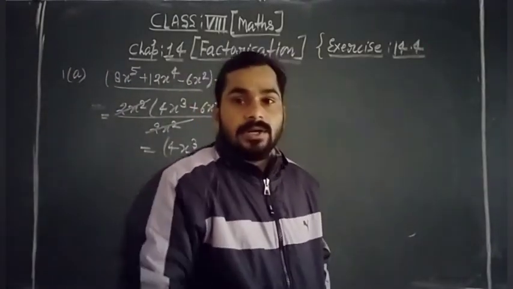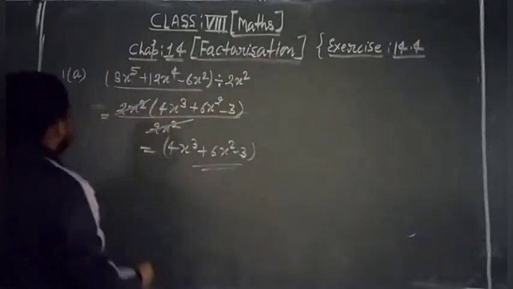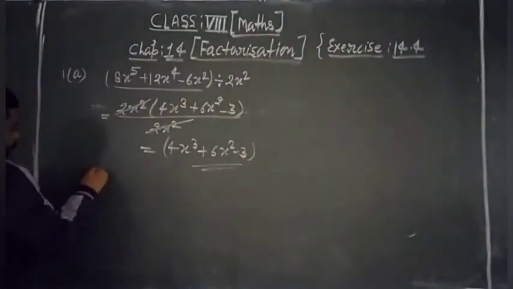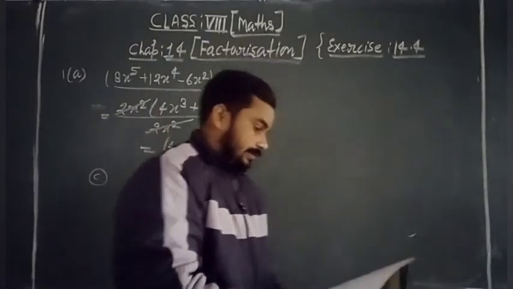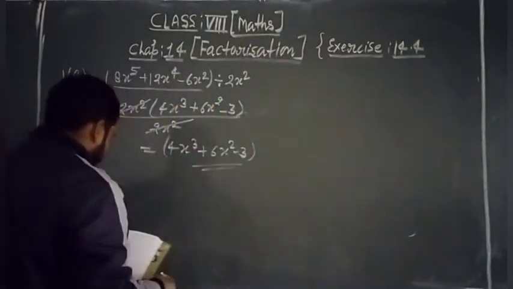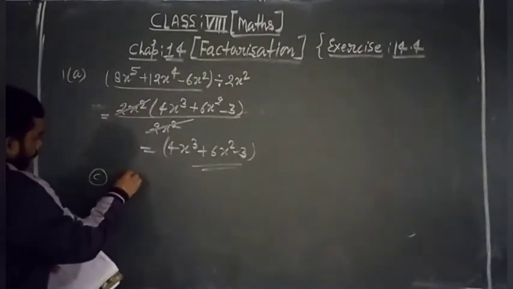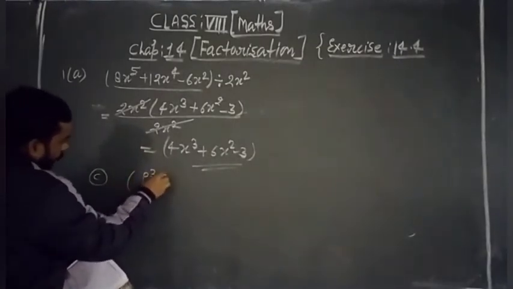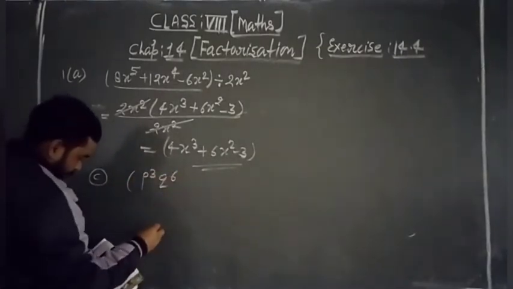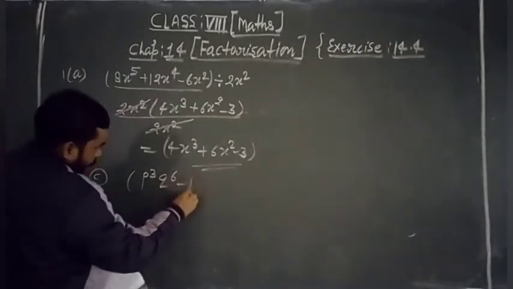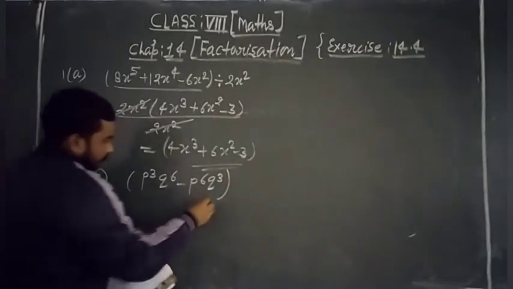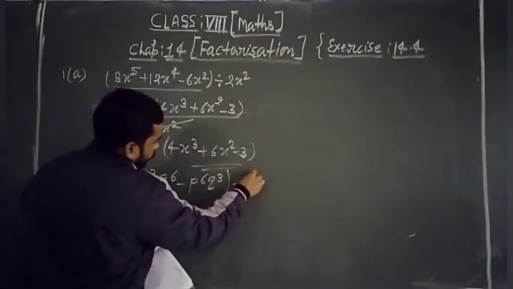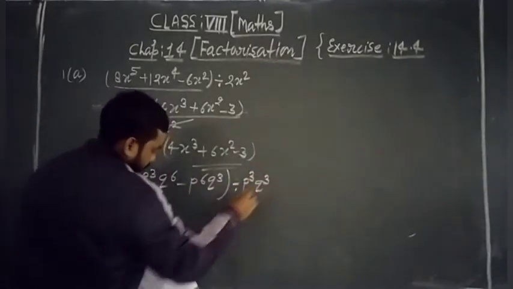Now take the C part. C part is p to the power 3 q to the power 6 minus p to the power 6 q to the power 3, divided by p to the power 3 q to the power 3.